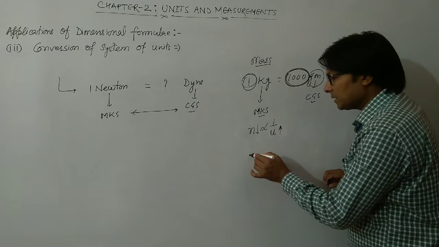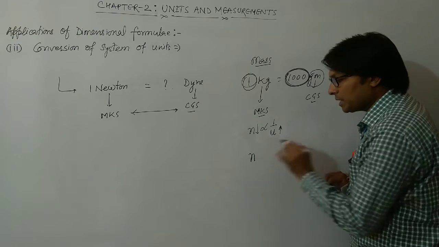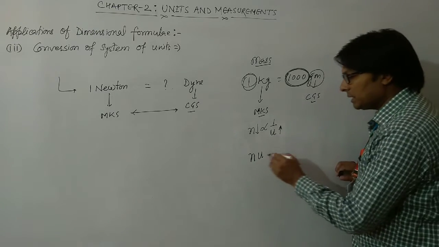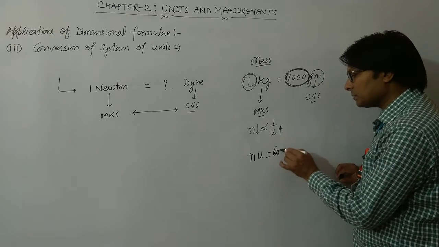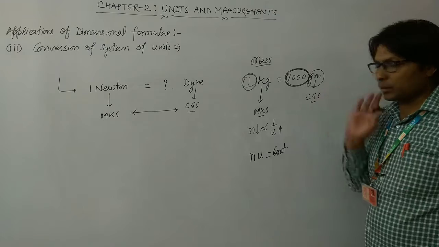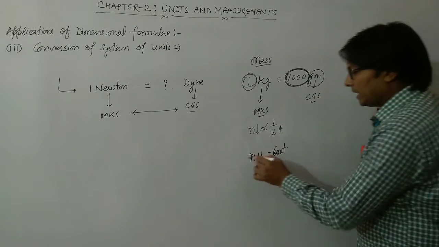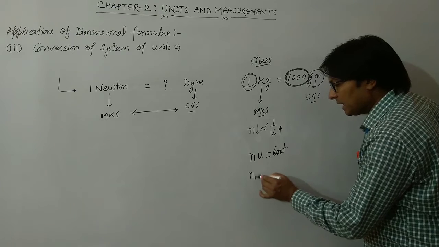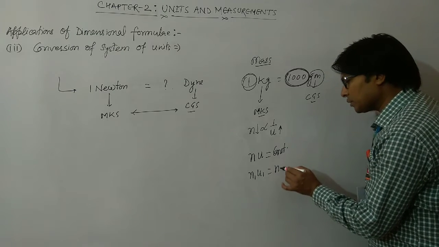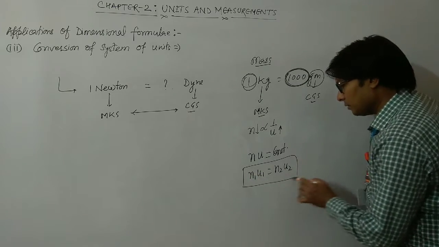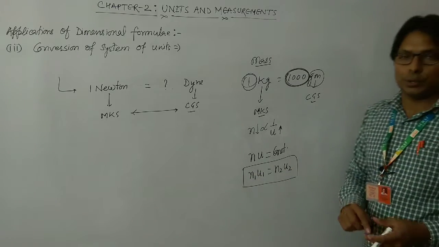So the product of the magnitude and the unit is always constant, because if we increase one quantity, then the other quantity will decrease. So nU is equal to constant, or we can say N1U1 is equal to N2U2, and this is the formula which we are going to use.